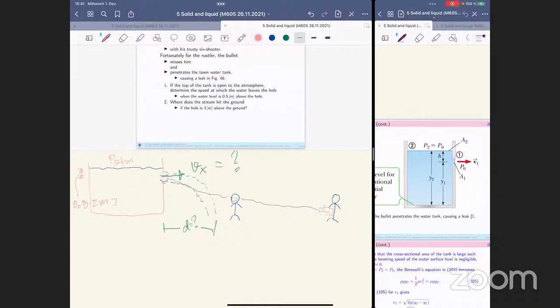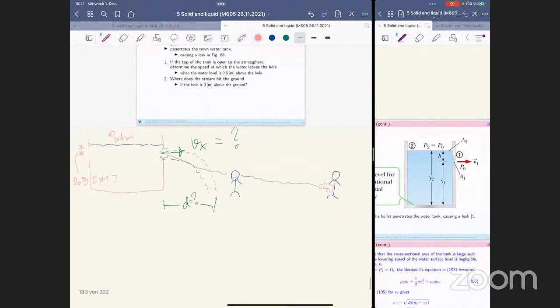And yes, we are going to apply Bernoulli's equation. Bernoulli's equation says P1 plus rho g y1 plus 1/2 rho v1 squared equals P2 plus rho g y2 plus 1/2 rho v2 squared.